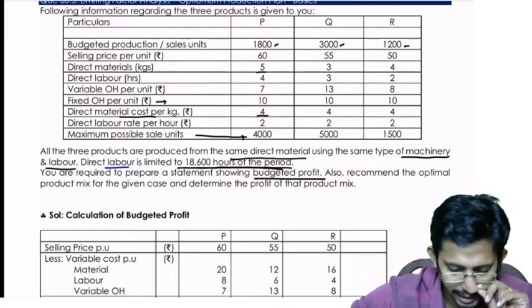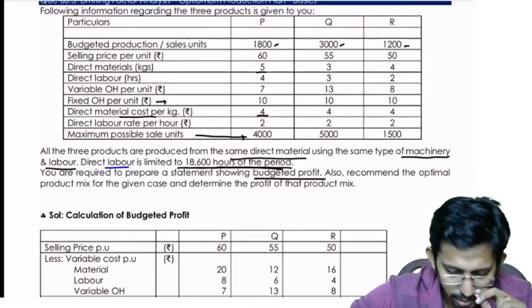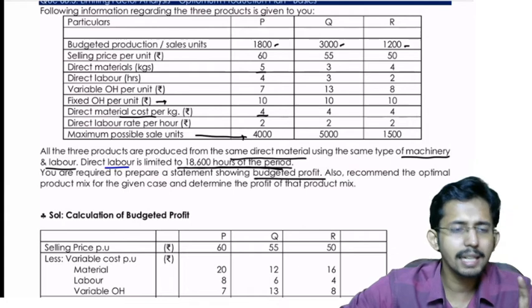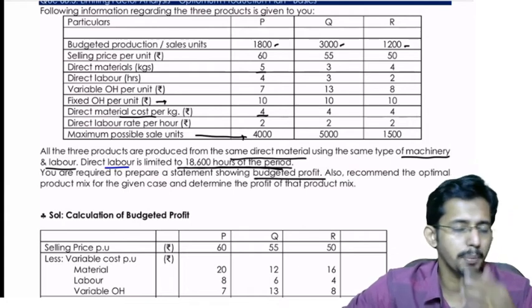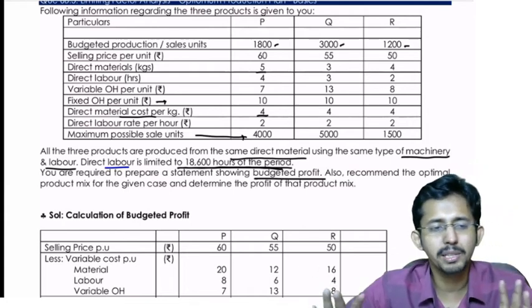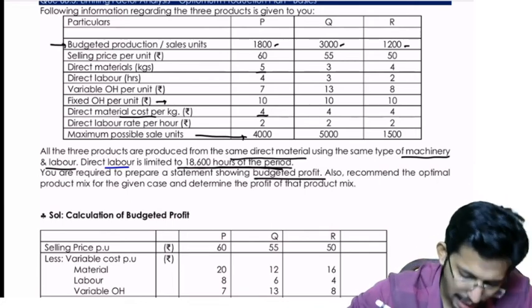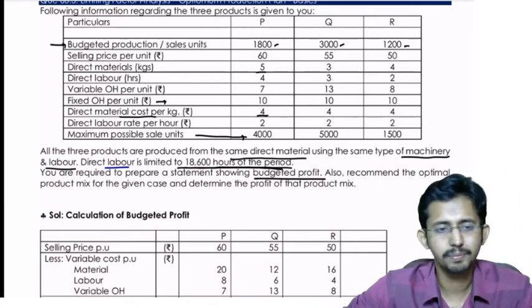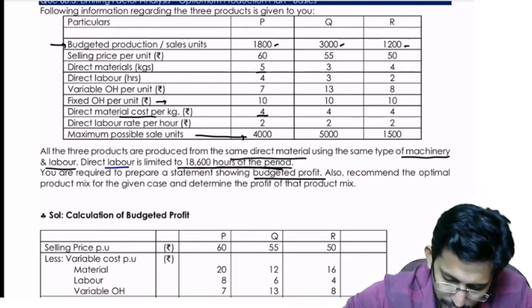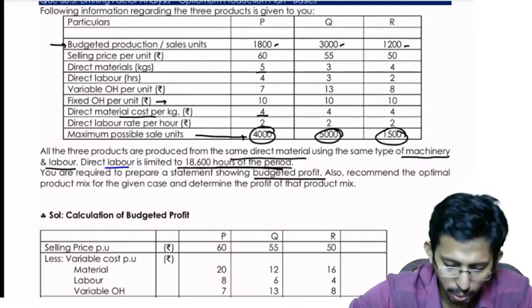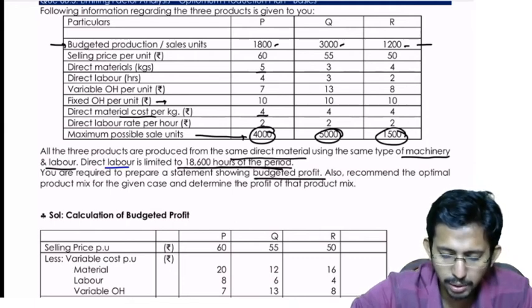4,000 units of P can be sold, 5,000 units of Q can be sold, and 1,500 units of R can be sold. Is there any information regarding the production capacity? No, there is no information regarding the production capacity. What is given here is only the budgeted production of sale units. Okay, you can sell up to this, but what you are doing currently, you are producing and selling only this much, because you have what?